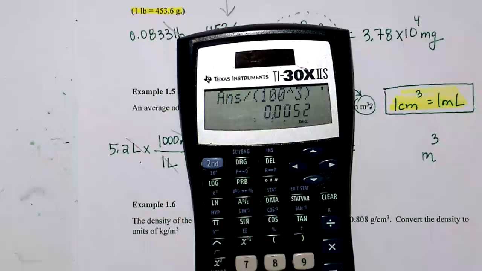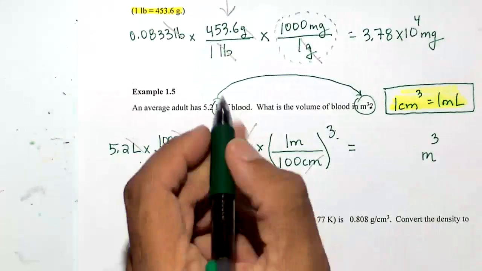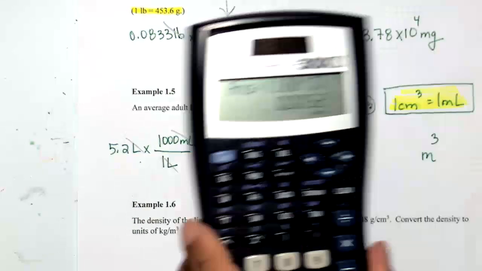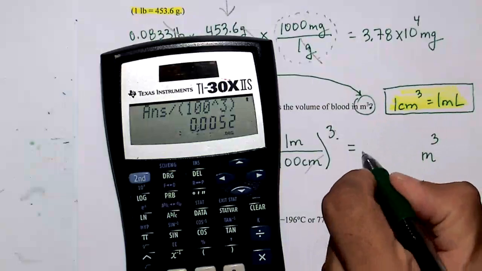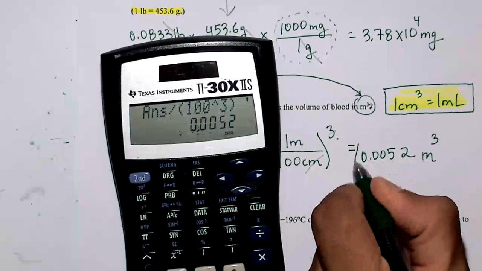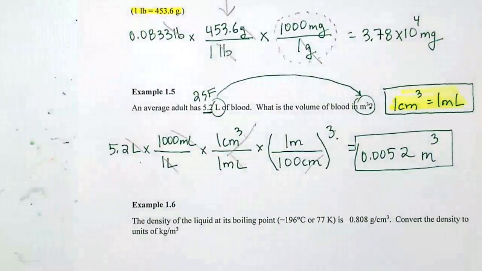This is what you guys are getting: 0.0052 meters cubed. This is 2 sig figs, so I'll just do it to 2 sig figs. 0.0052 meters cubed. Put your units in, you guys, all right?